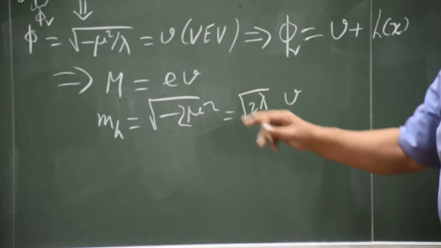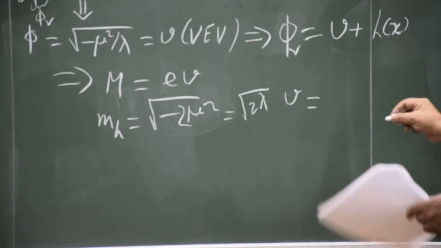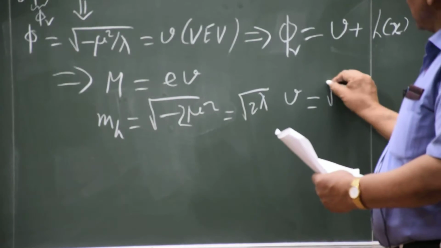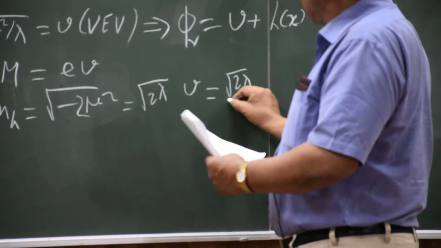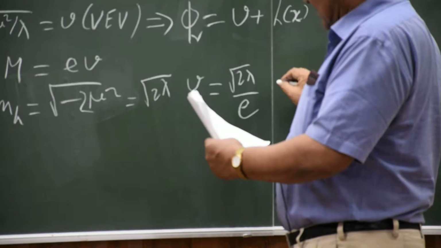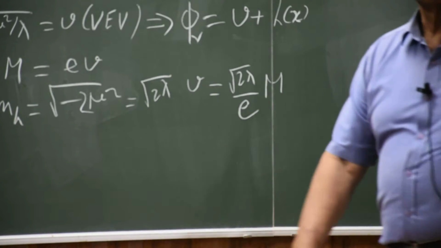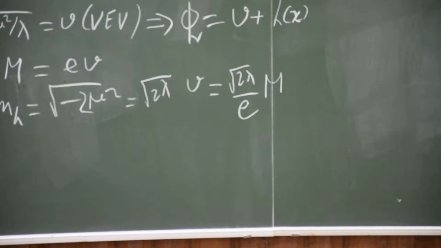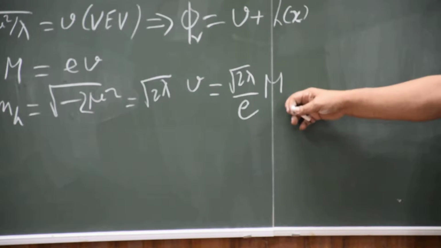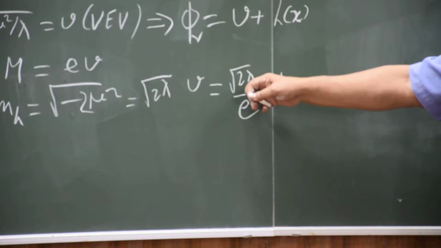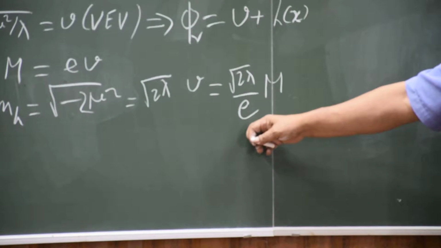If you use this one, then you get root 2 lambda upon gauge coupling times the gauge boson mass. So the physical Higgs boson mass will be the physical gauge boson mass times self-coupling upon gauge coupling.